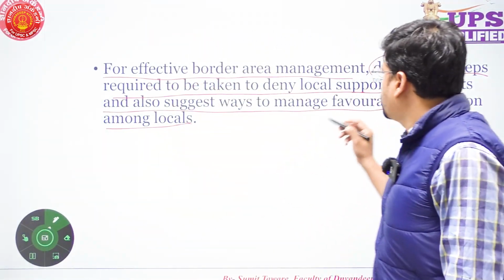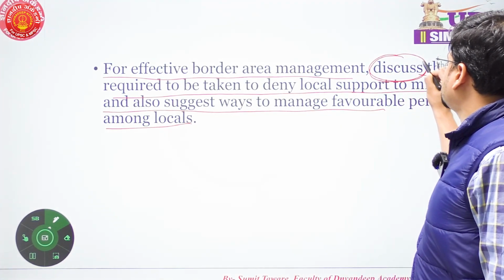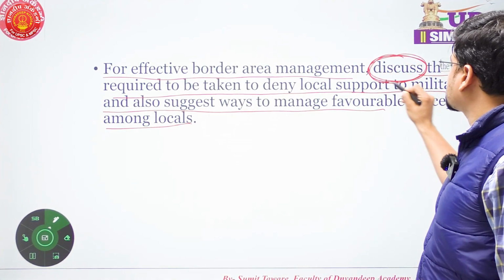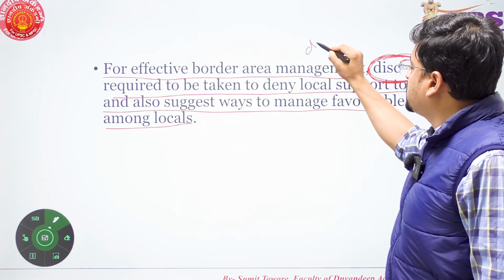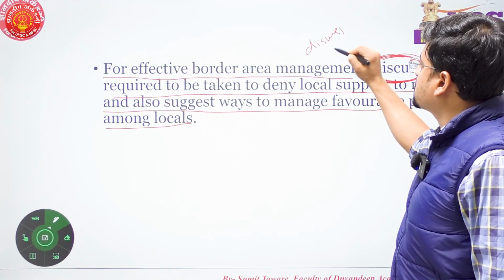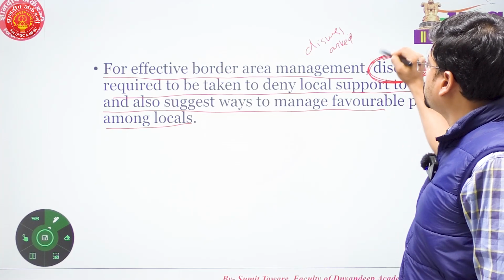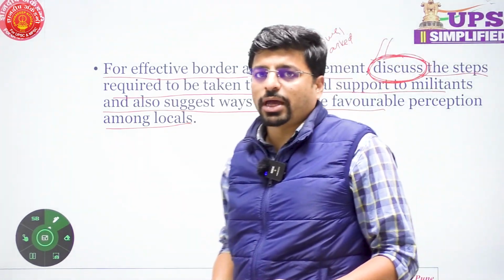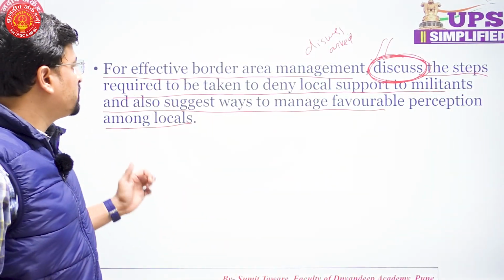While solving any question in UPSC Mains, first you have to see which keyword has been asked by the UPSC. Here, discuss is asked, and according to that you have to frame your answer, that is, what is exactly the demand of the question.